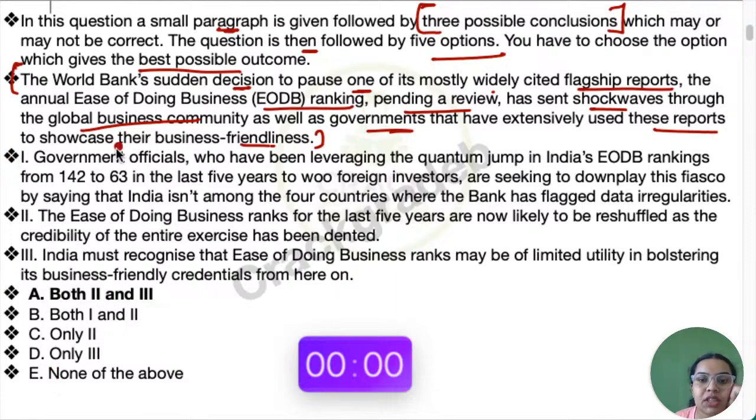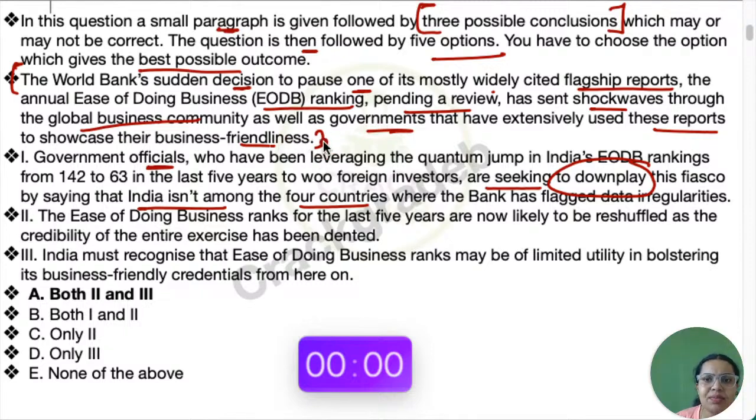Options. Government officials who have been leveraging the quantum jump in rankings to woo foreign investors. These officials are seeking to downplay this fiasco by saying India is not among the 4 countries where the bank has flagged data irregularities. Do you see an outcome that is specific to India and the place where we are downplaying?